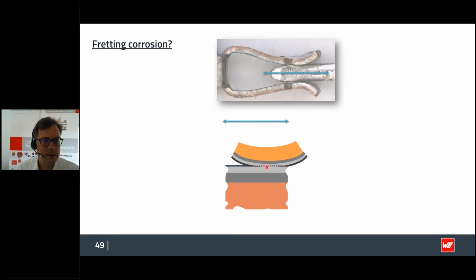As on some slides before, it is a very hard material that gets between the pure tin over time, and because of the hardness of the material, the contact resistance increases over time, and it gets a very bad interconnection. So that is also fretting corrosion that might be taken into consideration.